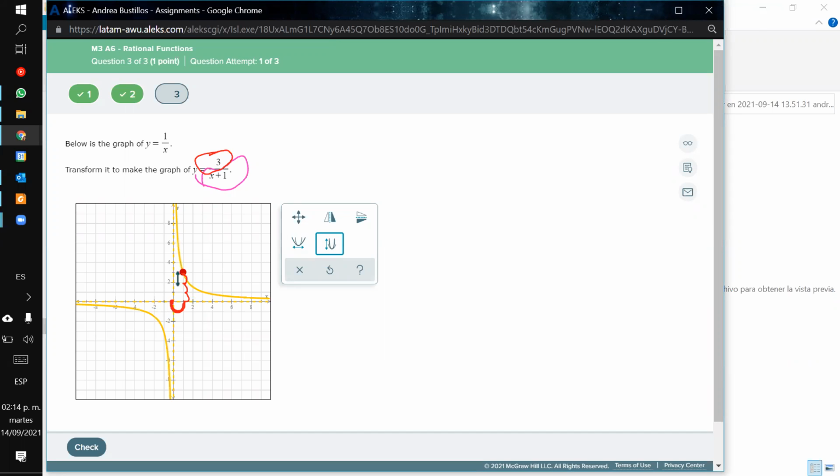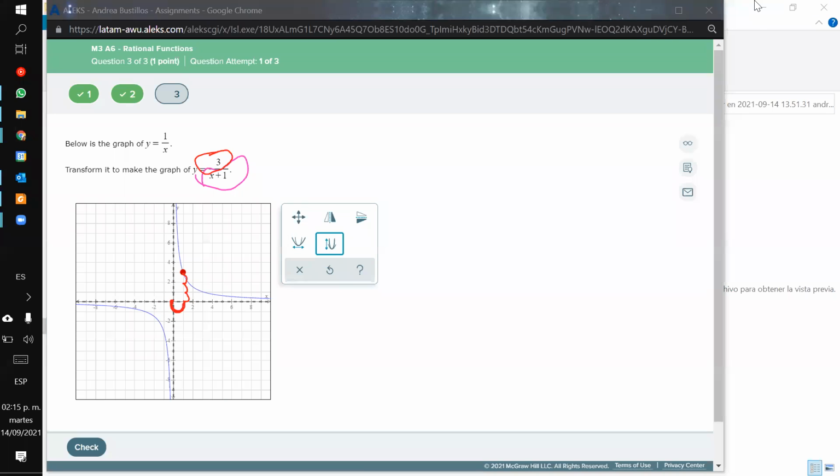Notice that this point is a result of moving 1 to the right and then moving 1, 2, 3 upwards, always starting from the vertex or the intersection of the asymptotes. Once we have done that, we can go into moving this entire graph to its new vertex.